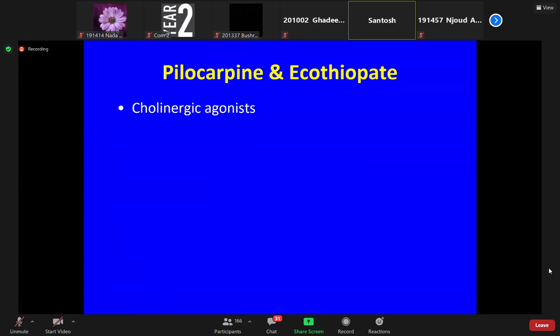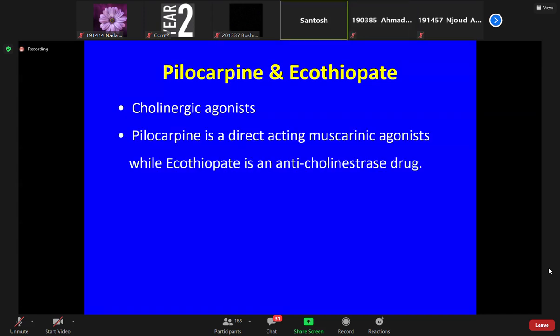These are cholinergic agonists. So what is the difference between pilocarpine and ecothiopate in their mode of action? One is direct, one is indirect. Good. Which one is direct? Pilocarpine. Yes. Pilocarpine is a direct acting muscarinic agonist, while ecothiopate is indirect because it doesn't work on the receptors.